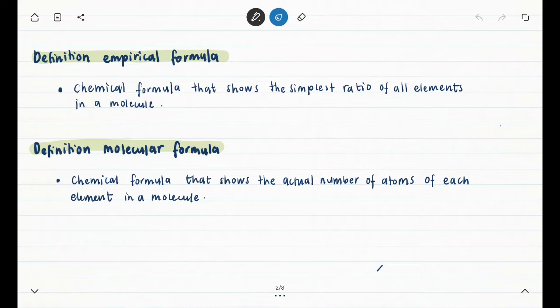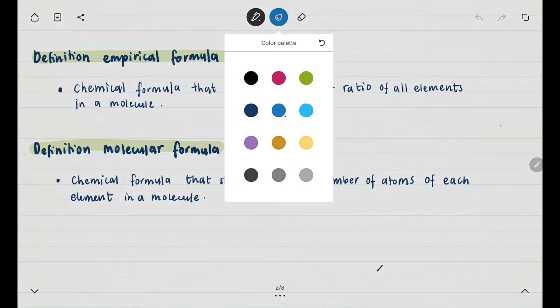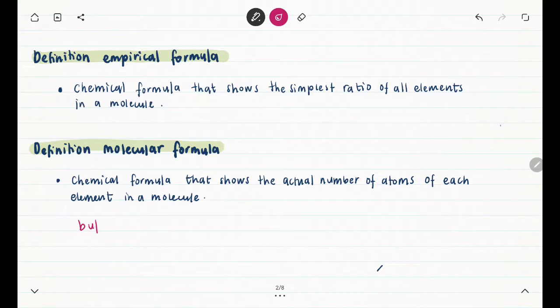Okay, so we look at an example. For example, we have butene. The molecular formula of butene is C4H8. This shows that butene contains 4 atoms of carbon and 8 atoms of hydrogen.